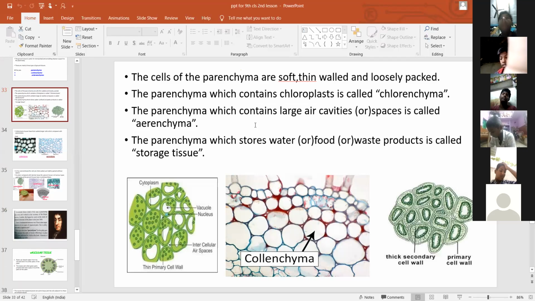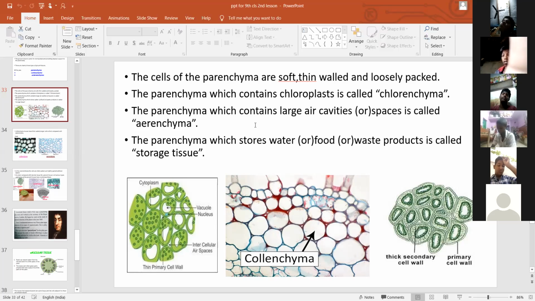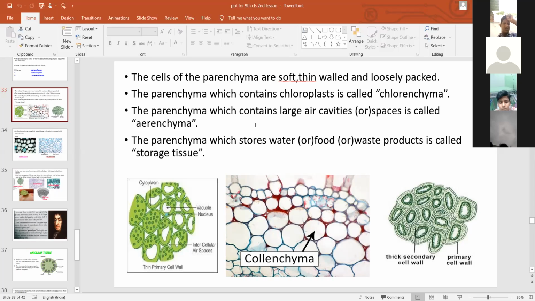The chloroplast contains a green pigment called chlorophyll. The chlorophyll is useful for the process of photosynthesis.